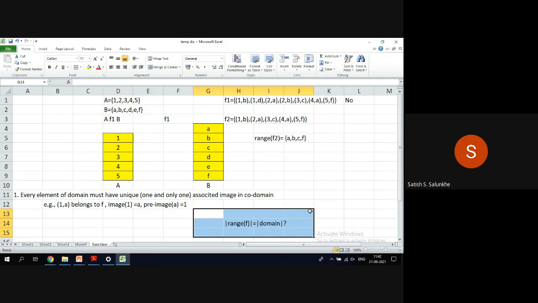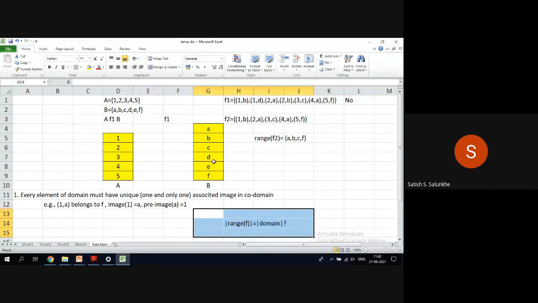So to come to this question, is it always holding true? Cardinality of range, I am asking a precise question. Is it always holding true, yes or no? It can also be possible that there are some elements who don't have a pre-image in the domain. Yes, it is possible.